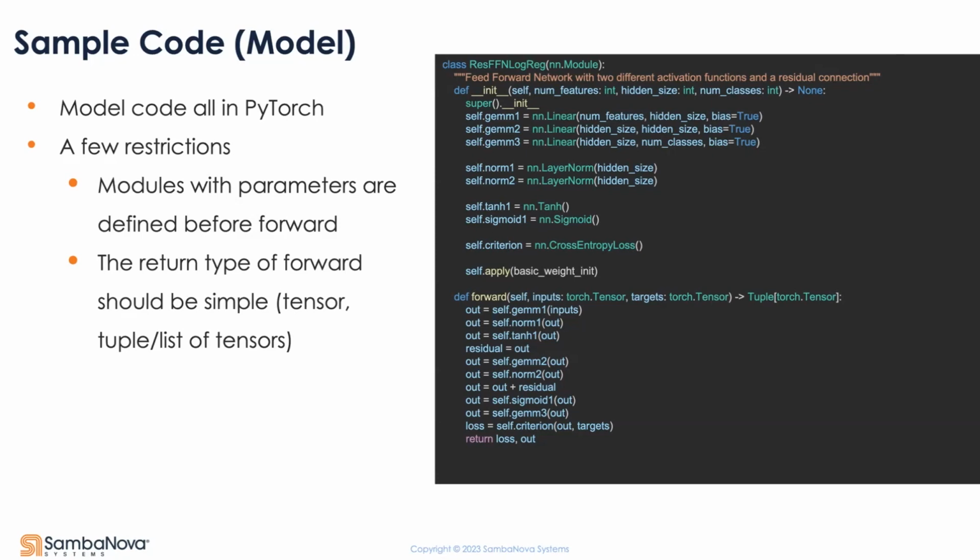There is one difference. One thing that you can do with an RDU that you really can't do with a GPU. If you look at forward, at the line just above the return, you'll see that we're actually defining the loss as part of our forward function. Because of the way SambaNova compiles and builds pipelines in RDU, your optimizer and your loss function can be part of your graph.